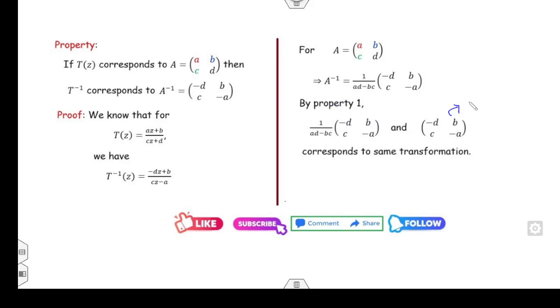How can you write that? Because this is the inverse, can you write the Mobius transformation? A is minus D, B will be B, C is C, and D is minus A. Therefore, the T inverse is a Mobius transformation corresponding to the matrix A inverse.